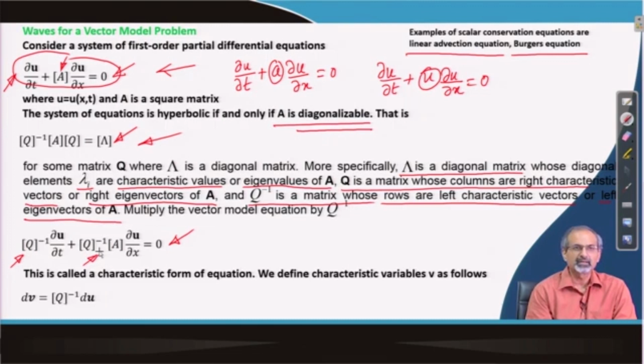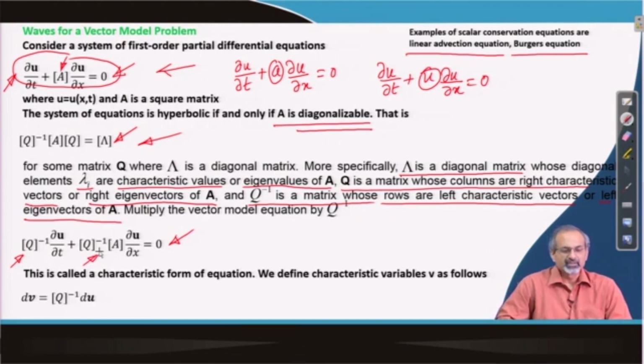That means we are converting the equations from the plane of conserved variables u to another plane, where we will talk about some derived variables which are the characteristic variables, and we call these characteristic variables v.